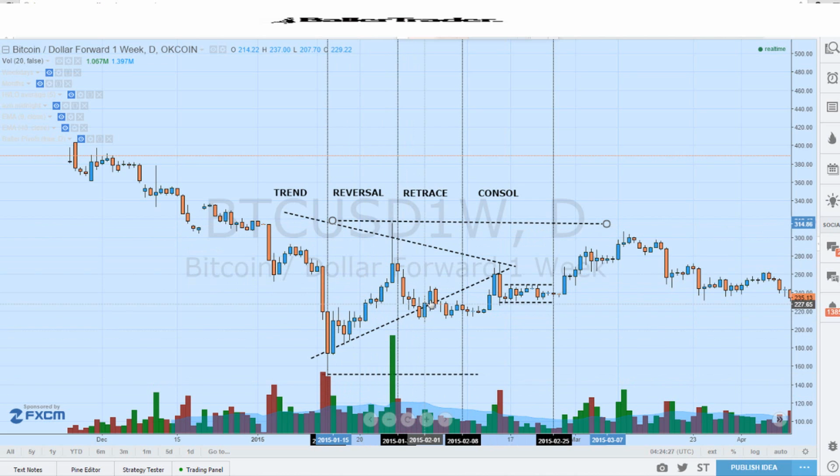And then ultimately, the retracement is just going to settle into a consolidation, which is going to be the most constricted, or the least expansive area of price action since the previous cycle began.